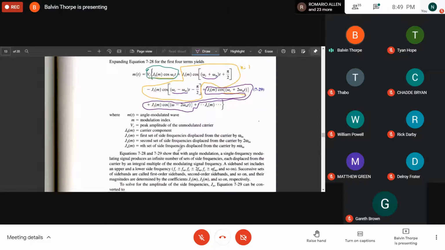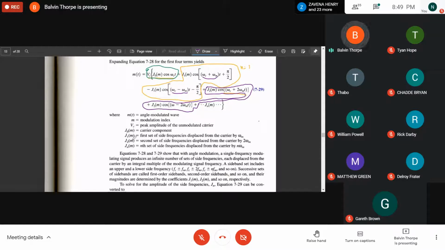Now, all that really is not even important. What is important is what is happening here. Here it tells you what M is, which is your FM modulated wave. M is your modulation index. VC is the peak amplitude of the unmodulated carrier, as we know. J0 is the carrier component, because only the carrier component we're going to get when n equals 0.